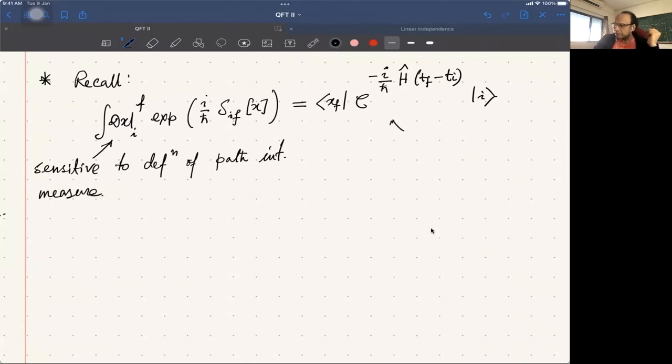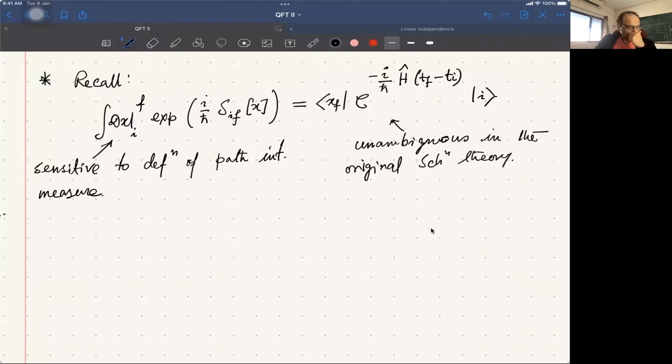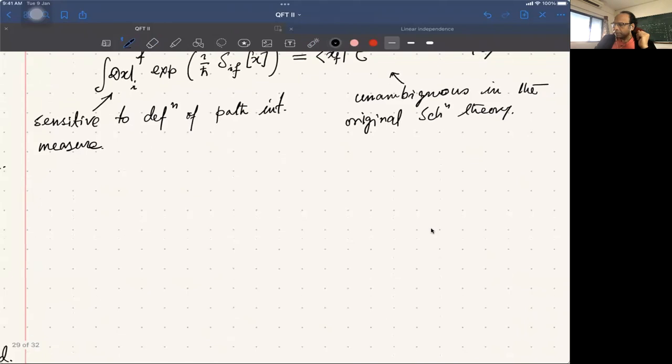However, this is unambiguous in the original Schrödinger theory. So a direct calculation can fix the measure.